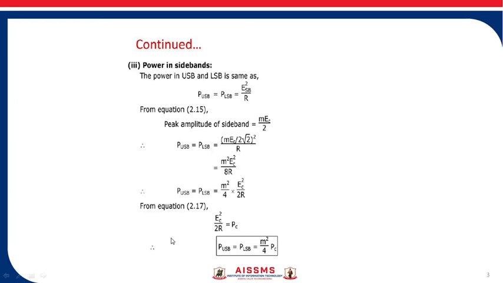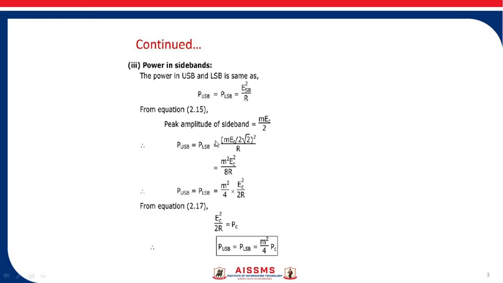Then we are going to see the power in the sidebands. The amplitude of both sidebands, upper sideband and lower sideband in AM, is the same, so the power contained in both sidebands is also the same. So P USB is equal to P LSB, equal to sideband amplitude square divided by R. The peak amplitude of the sideband, which we have seen in the spectrum of the AM, is m EC by 2.